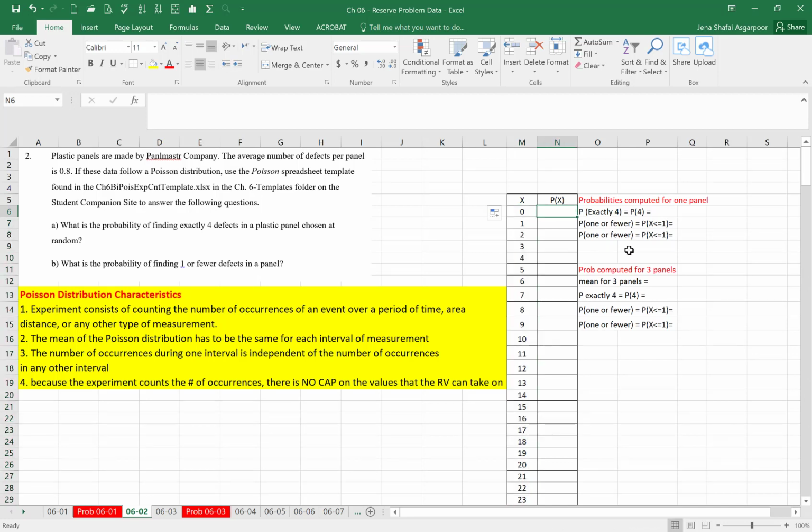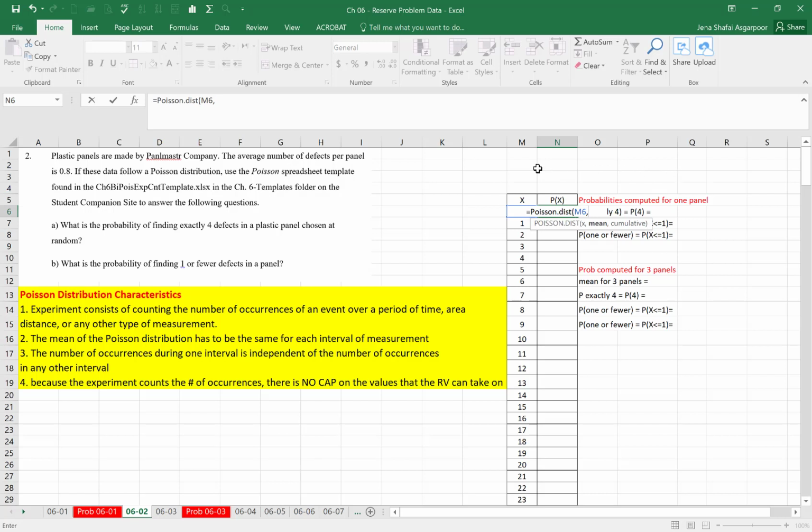So now to compute the probability, we say Poisson dist, and there are 3 parameters that we must know. One is the x value, so that would be M6 actually, for 0, the position of 0. And then the next is the mean. In this case, the mean is 0.8.